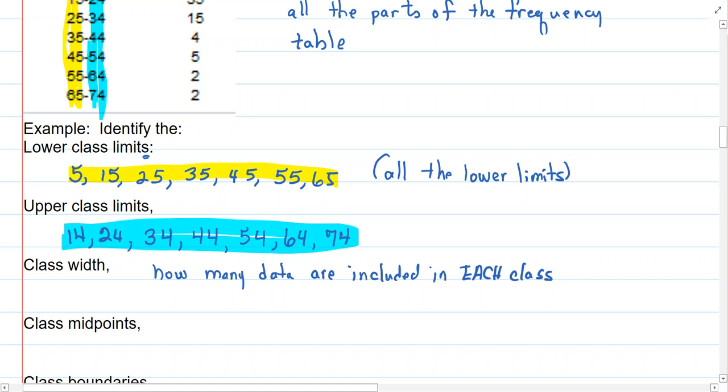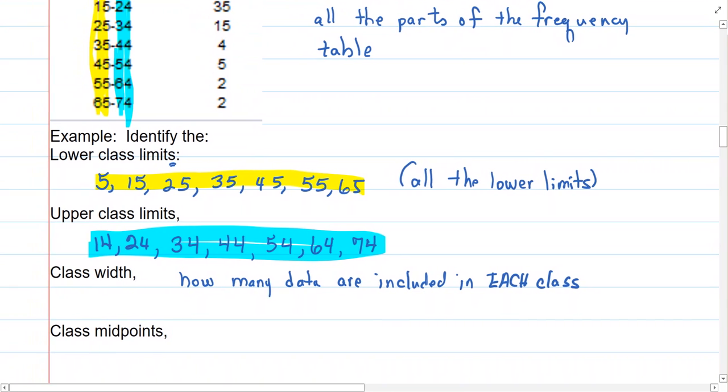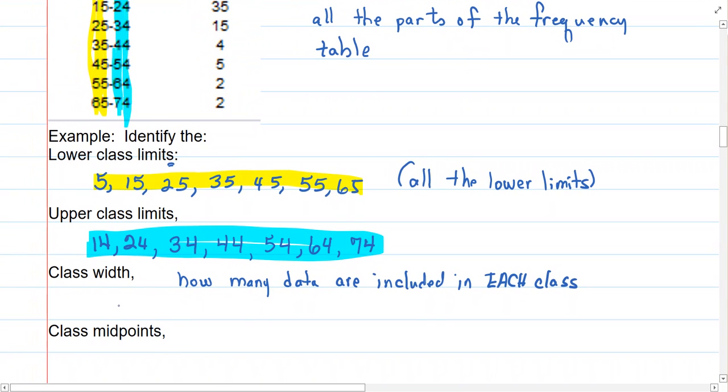And these are uniform because it's a frequency table. So we take the higher, say 15, and subtract the 5 from the first one, and we get a width of 10.